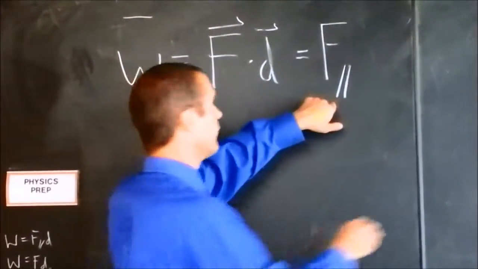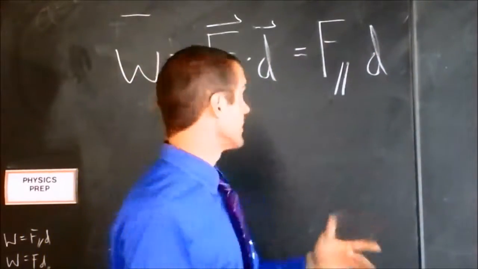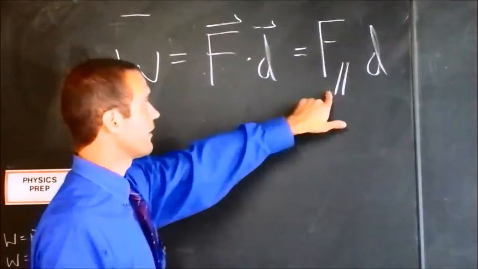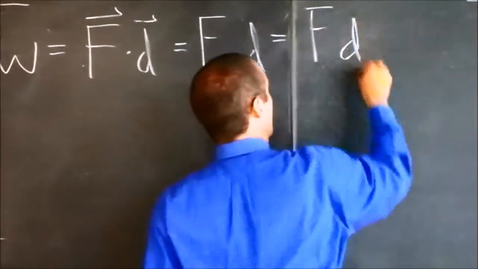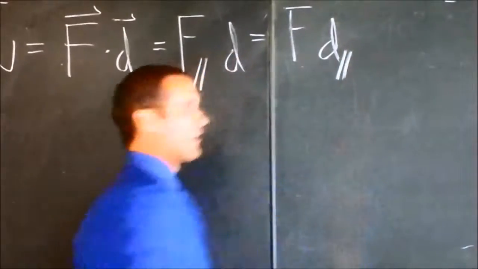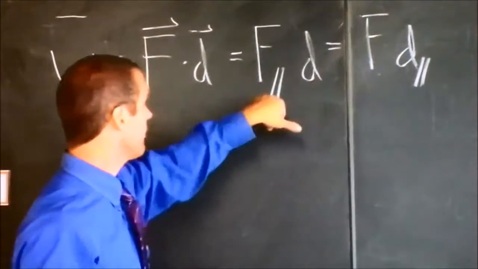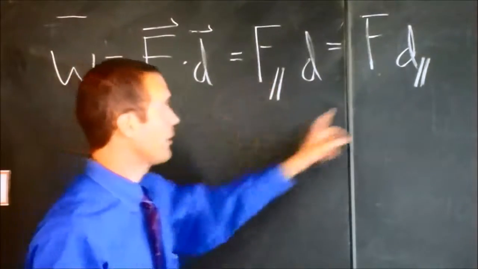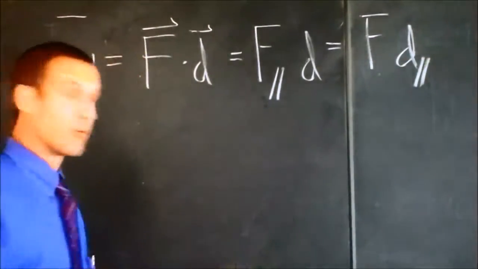So we'll take the parallel force and multiply it by the distance itself. That eliminates the cosine, because there's a cosine in finding the parallel force. We could similarly say that it's the force times the distance that's in the parallel direction to the force. These are equivalent because the parallel component of the force, or of the distance, includes the cosine of the angle between them in order to find it.